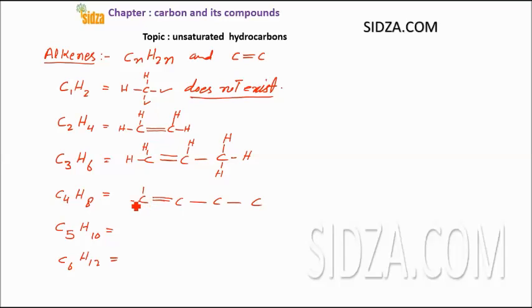This terminal carbon has 2 valencies filled, so it needs 2 more hydrogen atoms. This carbon has 3 valencies complete, 2 from here and 1 from here, so it needs 1 more hydrogen atom. The central carbon here, 2 valencies are complete, so it needs 2 more hydrogen atoms. This carbon needs 3 more hydrogen atoms.